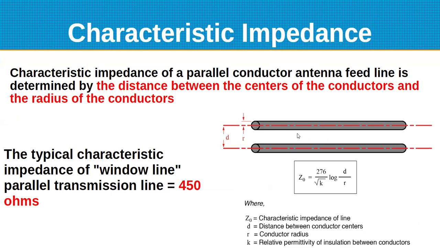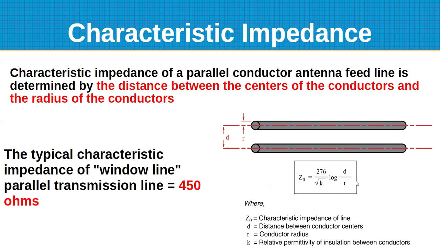In a lot of cases with parallel lines, it's air, or it could be some plastic material that's a separator. And those values actually also allow you to calculate inductance and capacitance.